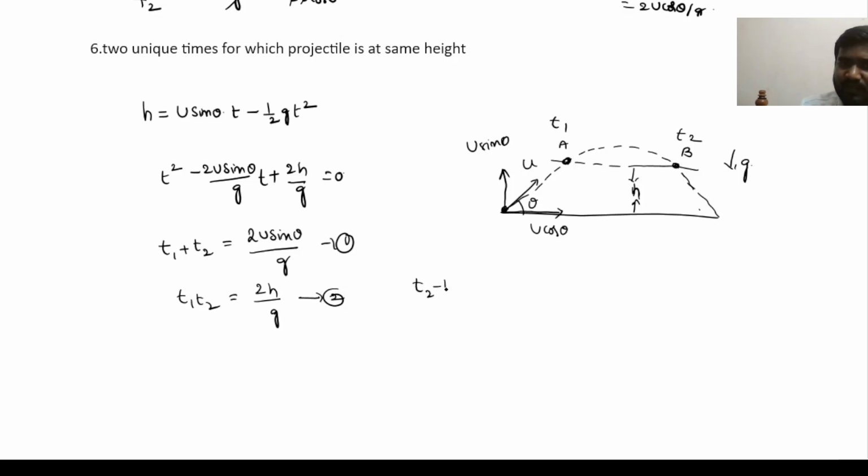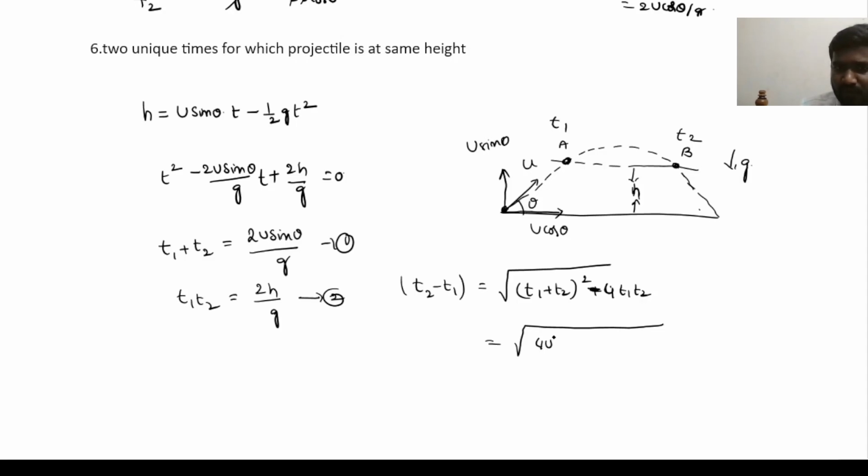Therefore, the time difference between these two points, t1 minus t2, equals under root of (t1 plus t2) whole square minus 4 times t1 t2. So t1 plus t2 squared is 4u square sin square theta divided by g square, minus 4 times 2h divided by g, therefore 8h divided by g.